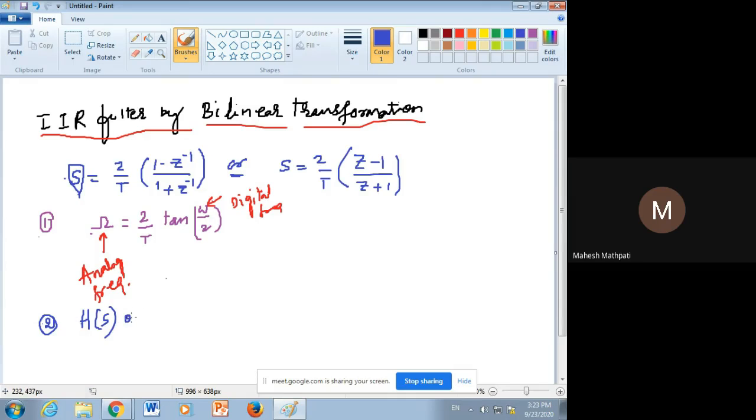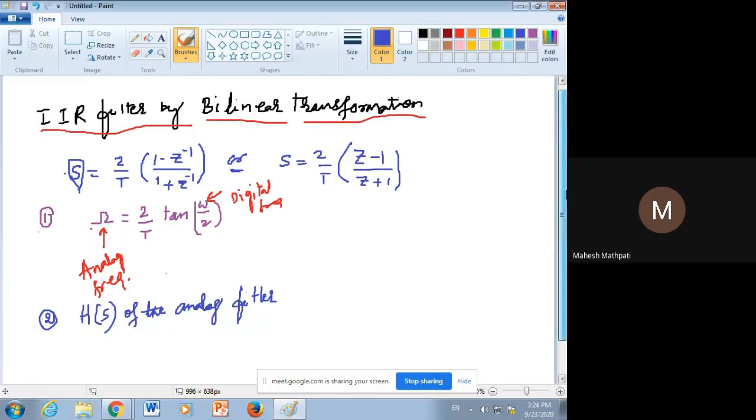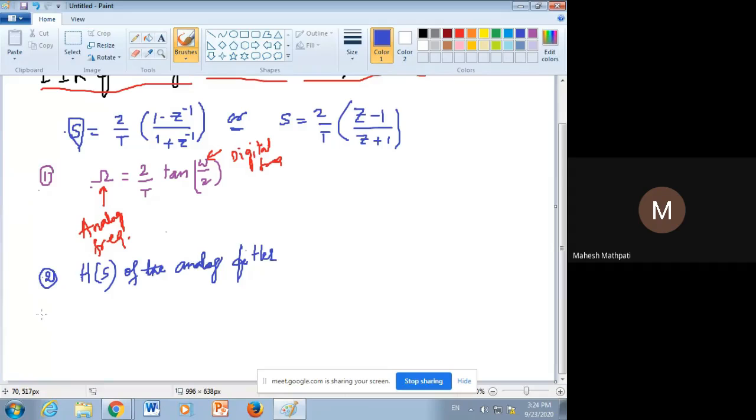Then step 3, select the sampling rate of digital filter. Call it as capital T, seconds per sample.